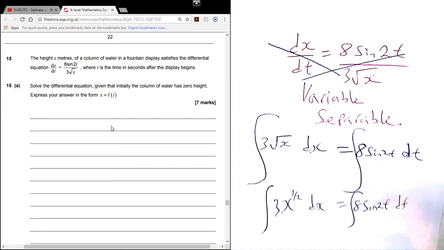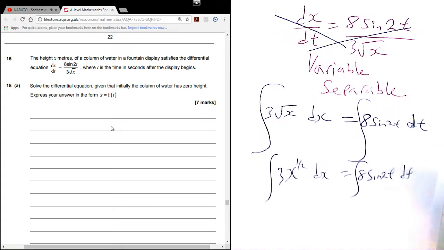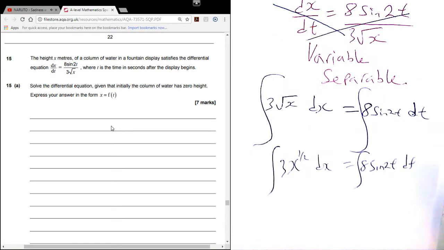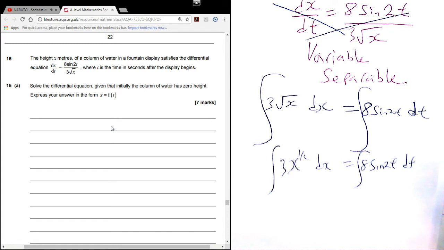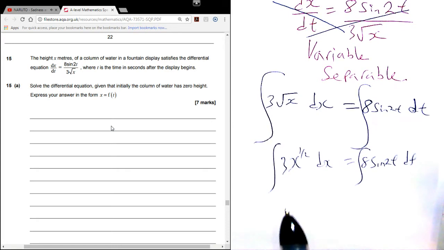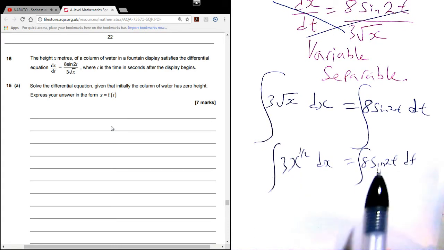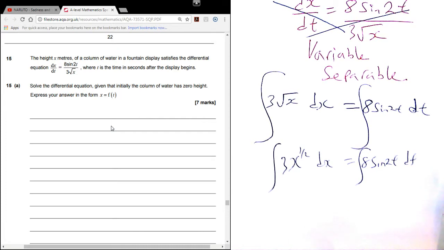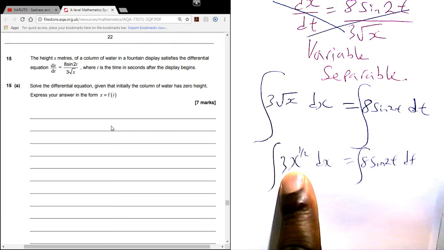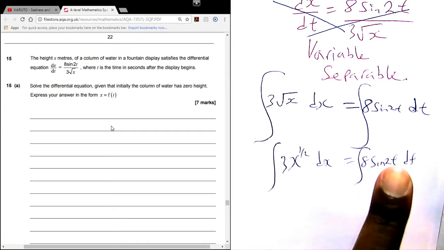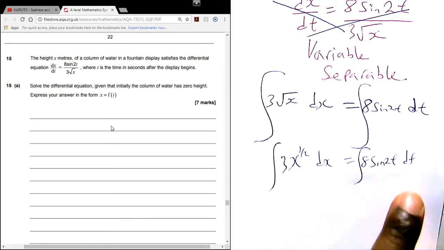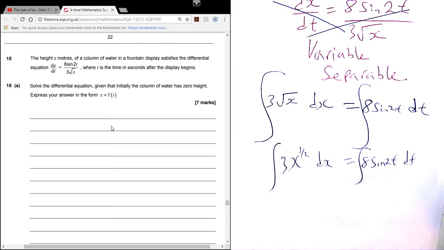Now, when we integrate, we always put our arbitrary constant. You don't need to put 2 different arbitrary constants. You can just put 1 arbitrary constant on the right hand side. So I am going to integrate this without putting any plus c, and integrate this and write plus c. 1 arbitrary constant covers all.